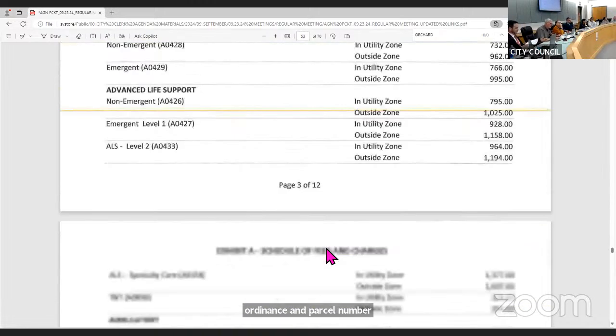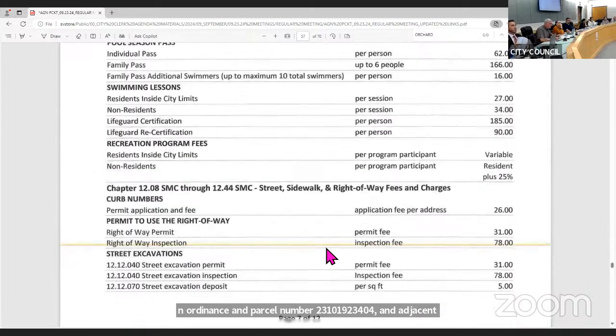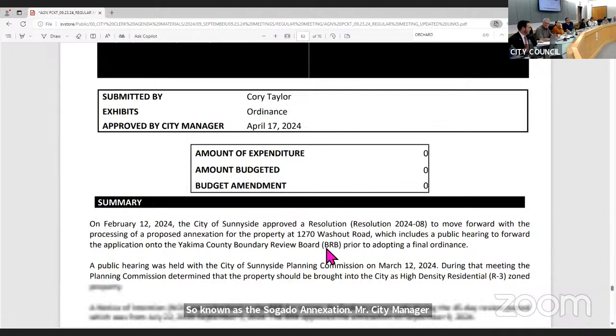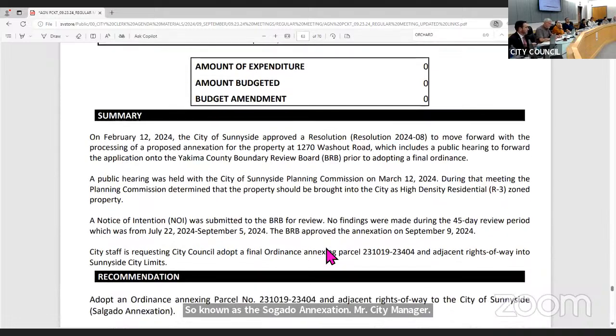231019-23404 and adjacent rights of way to the city of Sunnyside, also known as the Salgado annexation. Mr. City Manager. Thank you, Mayor. To give the public some context, on February 12th of this year, City of Sunnyside approved a resolution to move forward with the processing of a proposed annexation for the property at 1270 Washout Road.